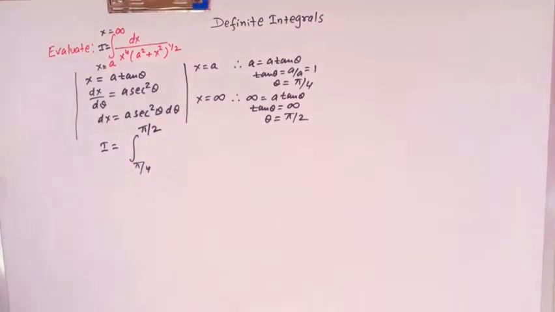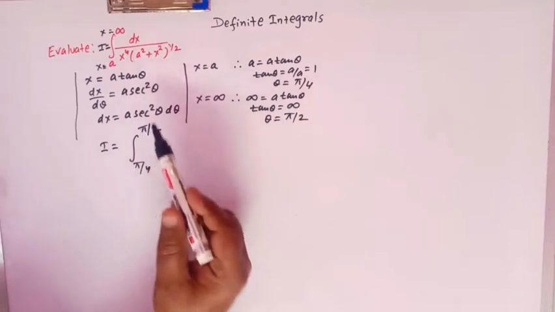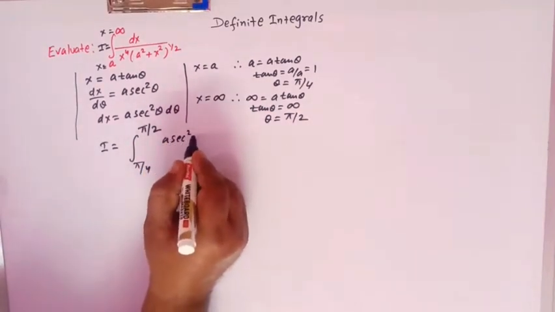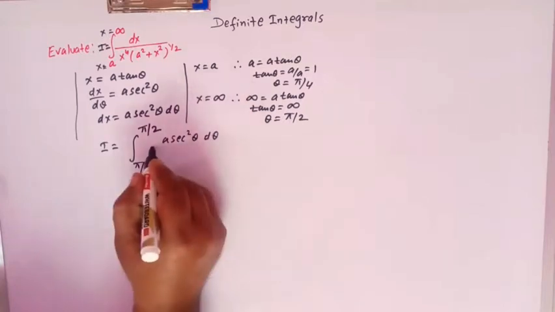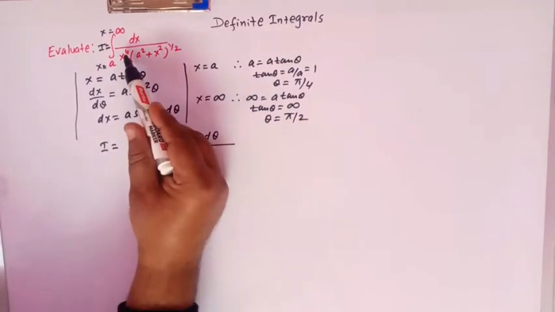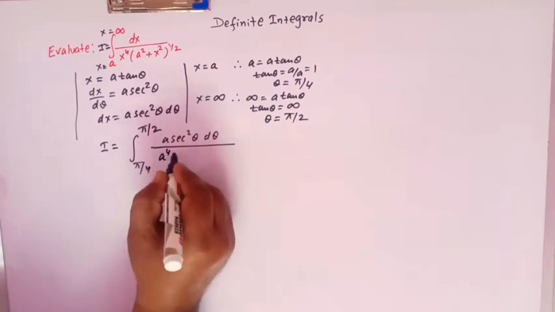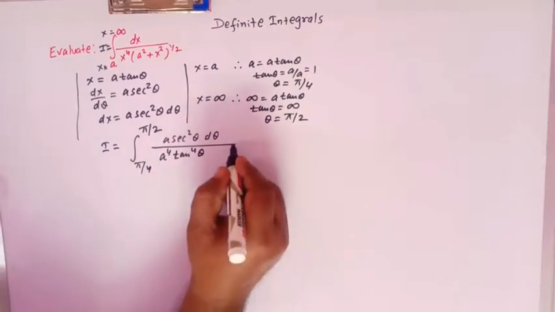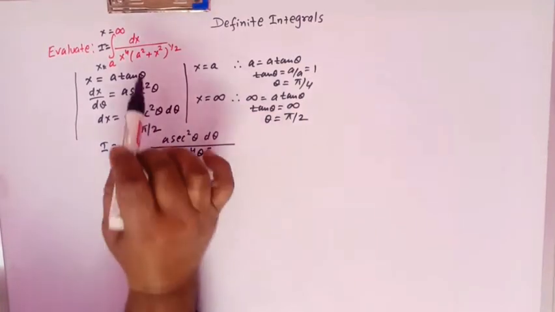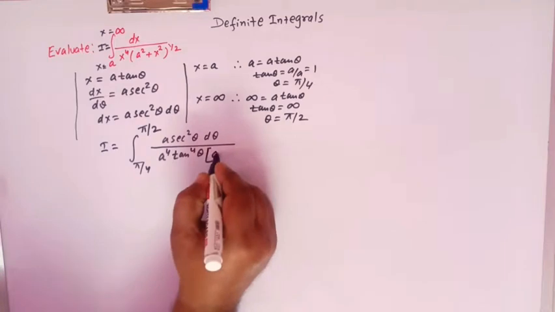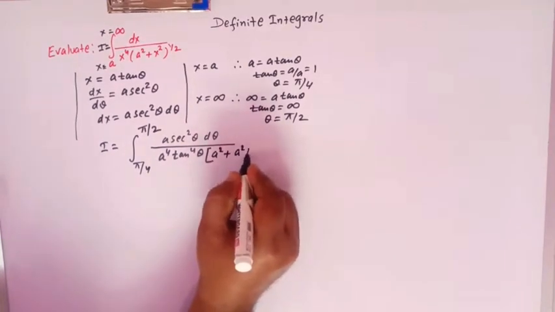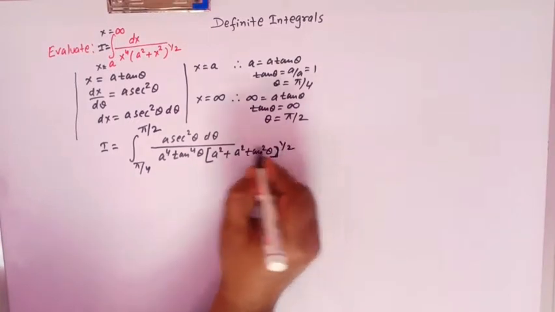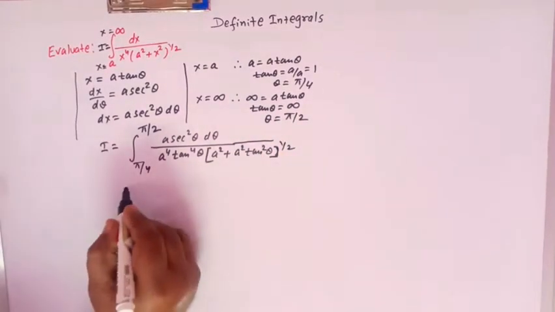So now for dx we have a sec square theta d theta, and in the denominator we have x raised to 4, so we have a raised to 4 tan raised to 4 theta here, and in this term we have a square plus a square tan square theta, and here we have half.